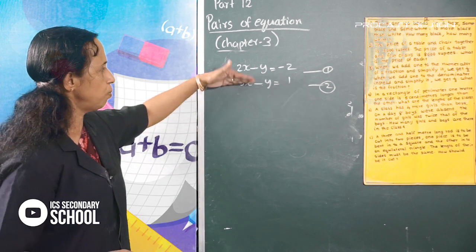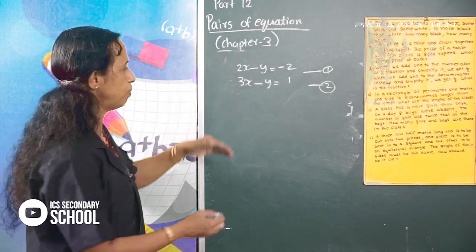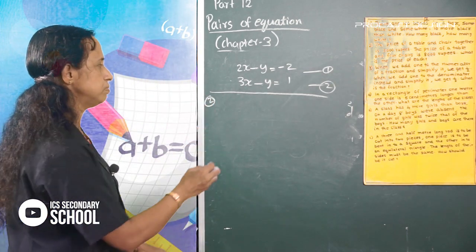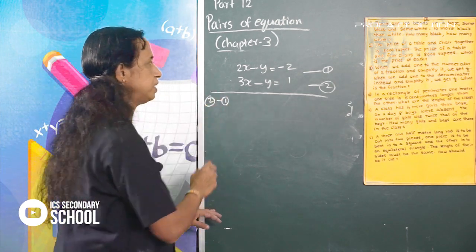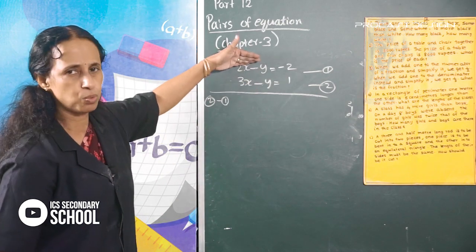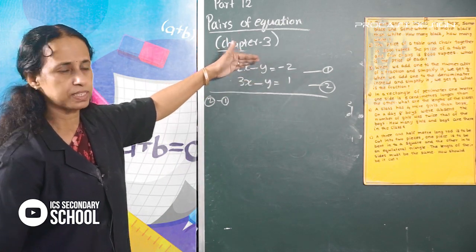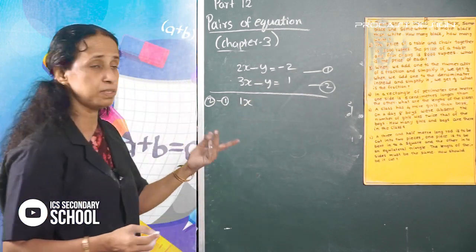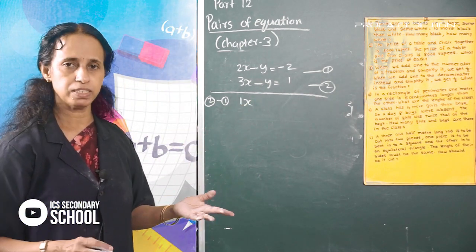Subtract the first equation from the second equation. 3x minus 2x is equal to 1x, that is x.